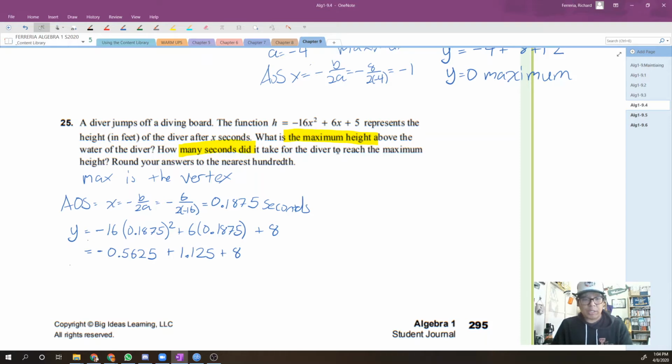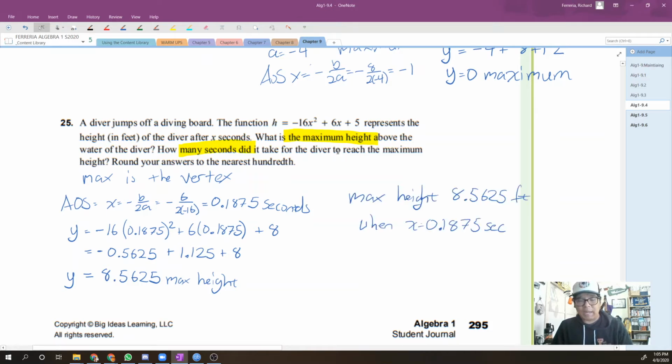Do all the addition and subtraction, and you get 8.5625. So the maximum height is 8.5625. When does it occur? It occurs at 0.1875 seconds.